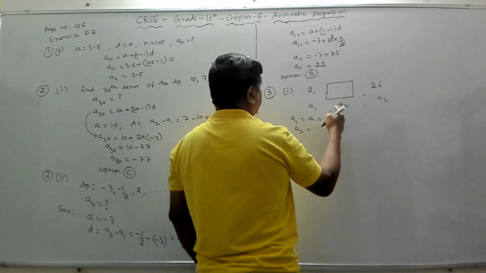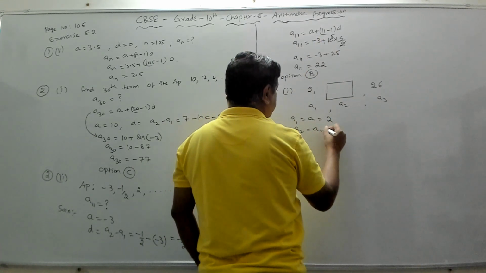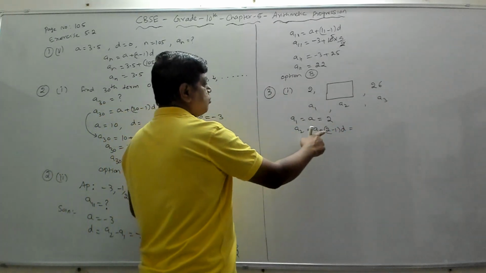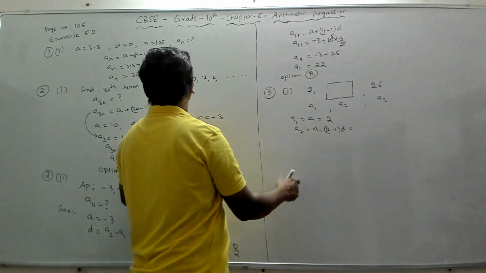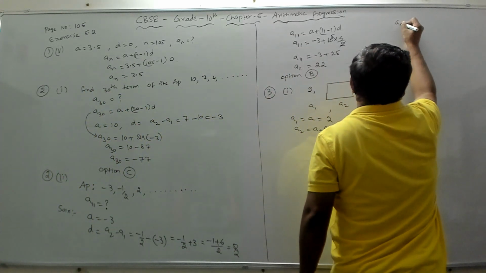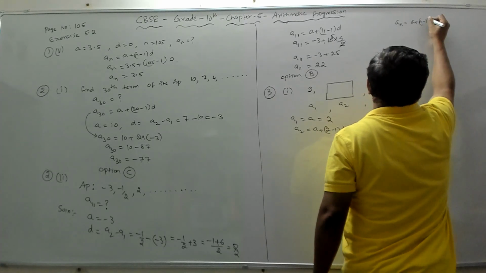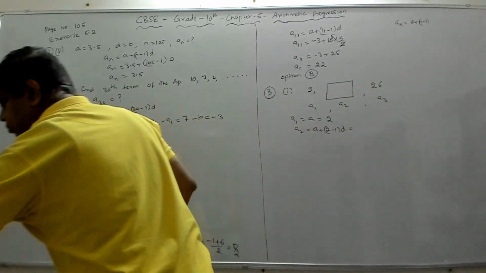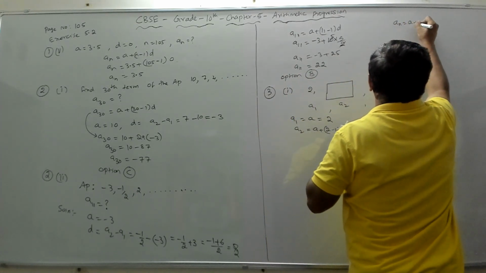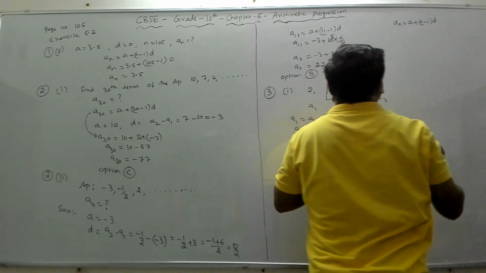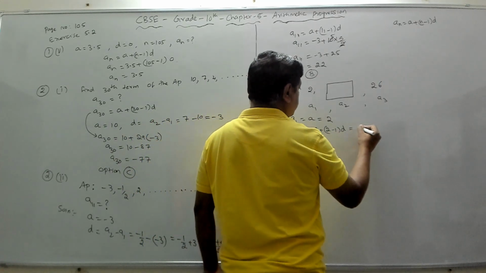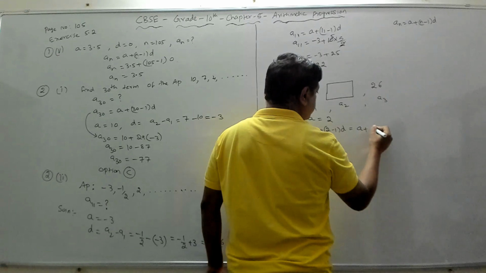If you apply the formula, A2 is A plus 2 minus 1 into D. I'll write the AN formula here, because we keep using it: AN is equal to A plus n minus 1 into D. So A2 is A plus 2 minus 1 into D, which is A plus D.